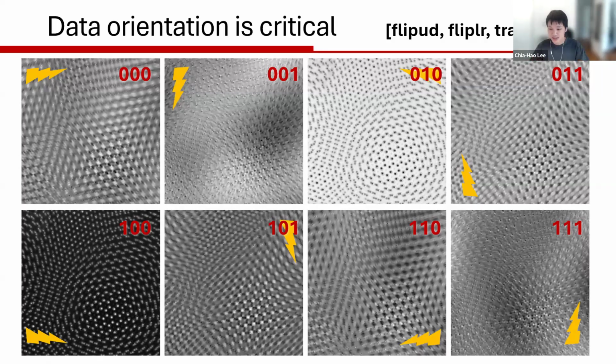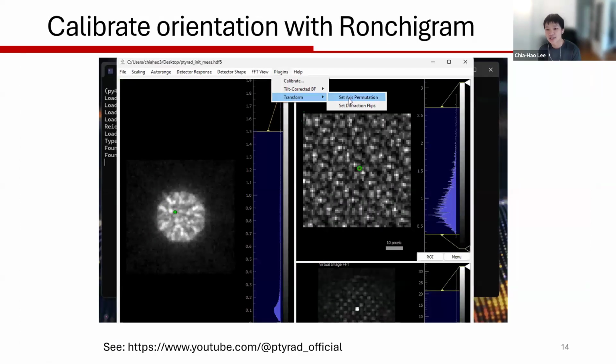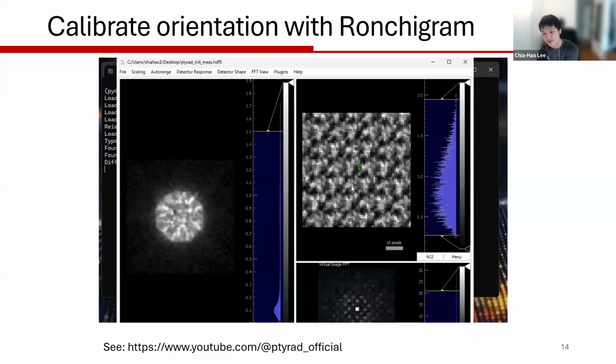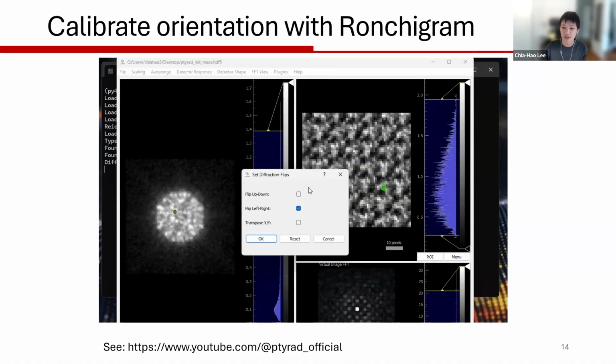So the message here is that the data orientation is very critical. You do need to make it correct when you have the 4D-STEM data acquired and are trying to reconstruct it. And it seems to be the very first barrier for a lot of users. So I built this small plugin into Py4DGUI, which is a fantastic visualization software maintained and developed by Dr. Stephanie Ribet, currently at Cornell, but previously at Berkeley.